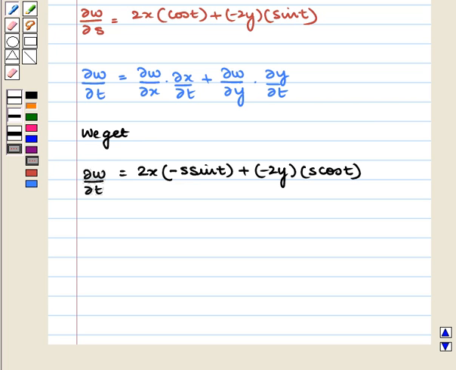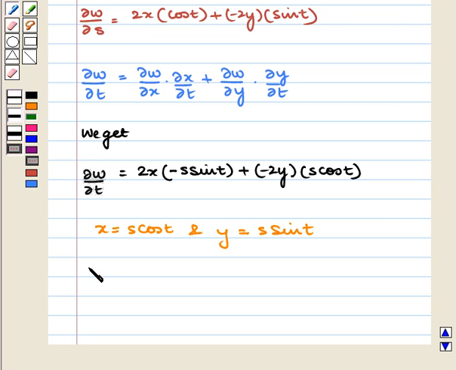Now we eliminate x and y by putting their values in terms of s and t, from x is equal to s cos t and y is equal to s sin t.